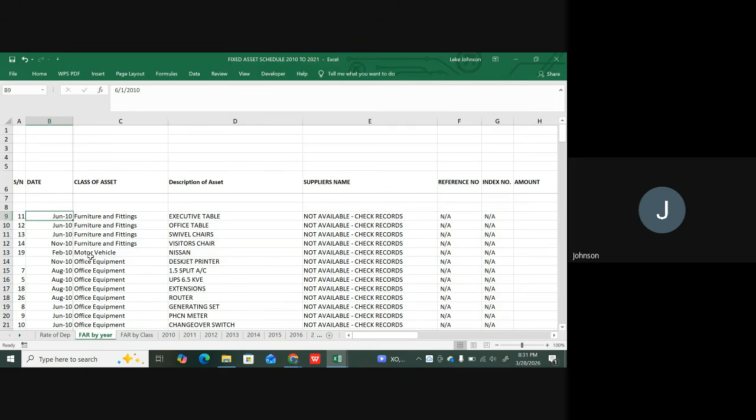Now, the reason why I'm teaching you this is currently I am having a training for a company, and that company, they have issues with how to treat fixed assets on their accounting software. So they're actually making use of Zoho Books. Another issue they had was how to treat inventory in their Zoho Books.